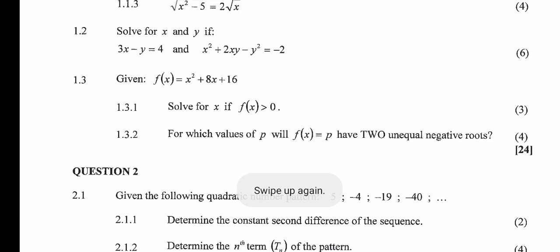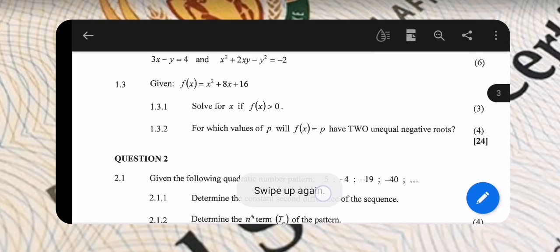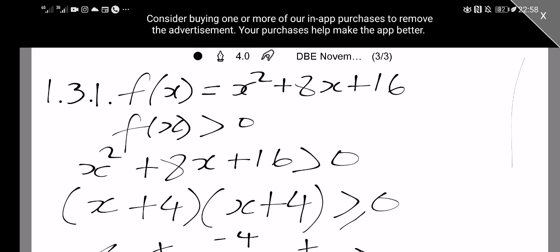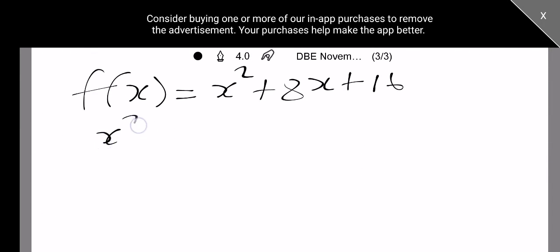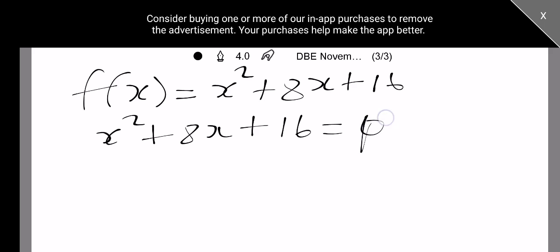Now the question continues. The question says, for which values of p will f of x equals p? Now let's equate it to p. X squared plus 8x plus 16 equals p.